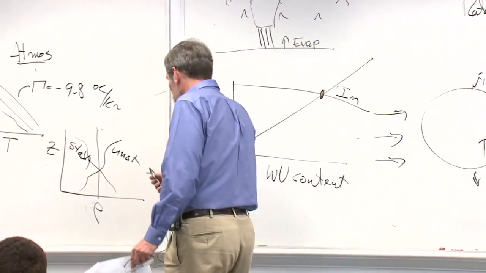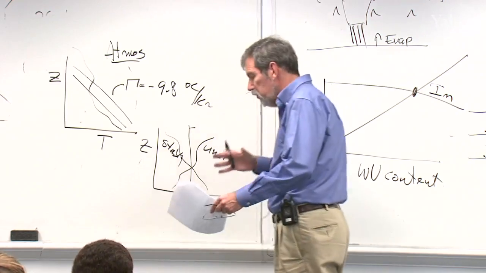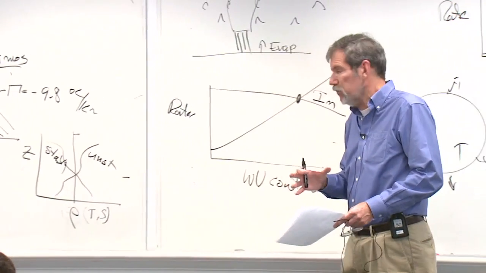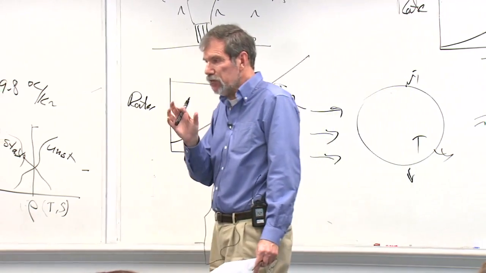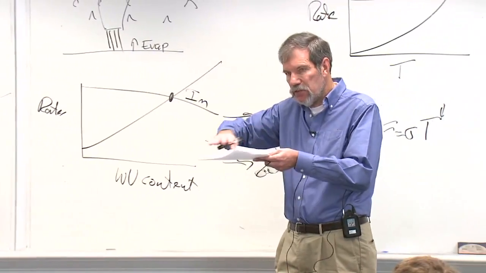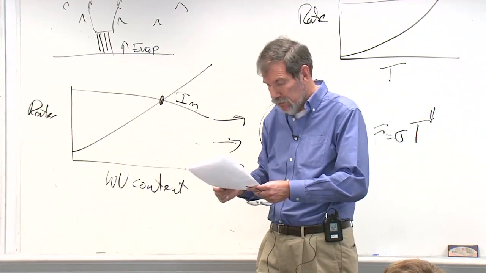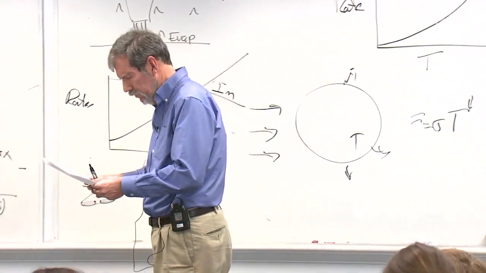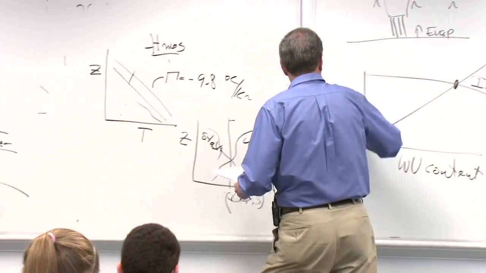Remember, density is a function of temperature and salinity in the ocean. So the fact that it's incompressible and the fact that salinity is involved makes us do the argument a little bit differently. But the question we're asking is the same. Is that column of fluid going to stay stagnant in layers, or is it going to turn over and mix? And that's important in both spheres, the atmosphere and the ocean.